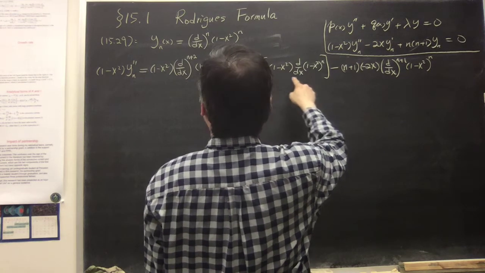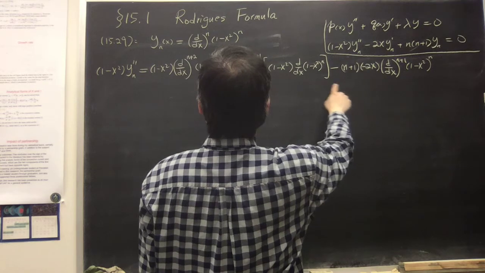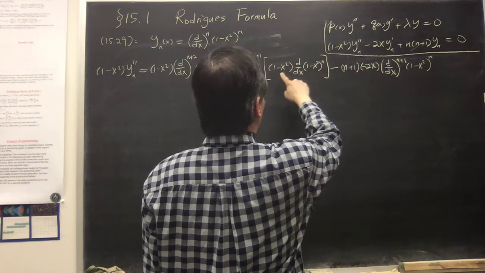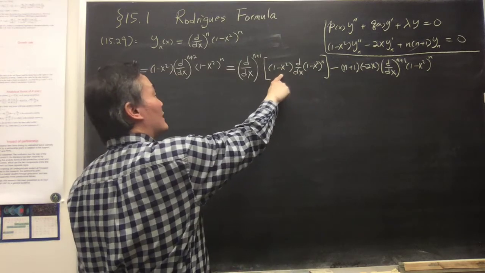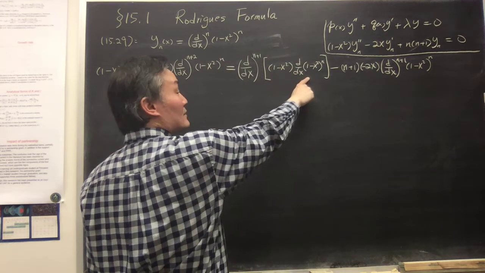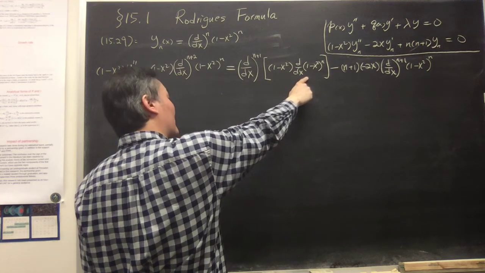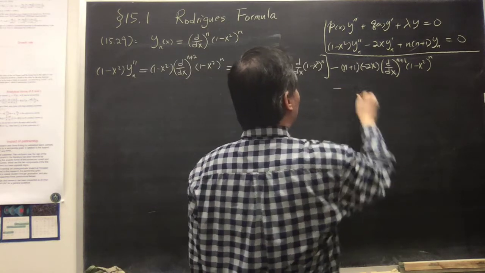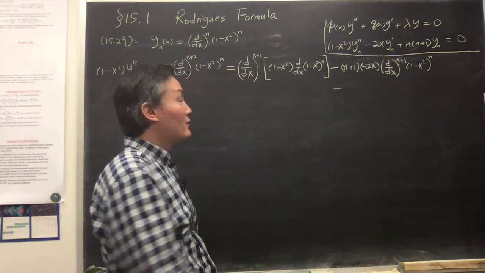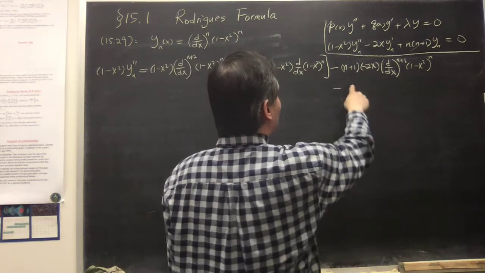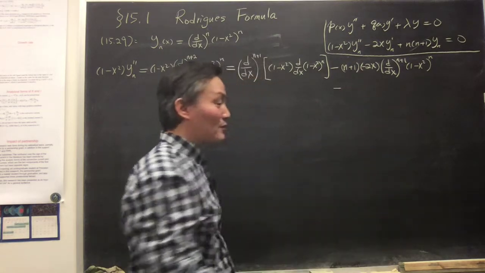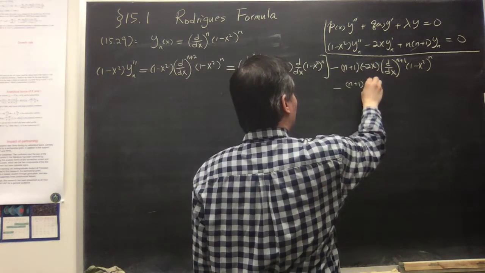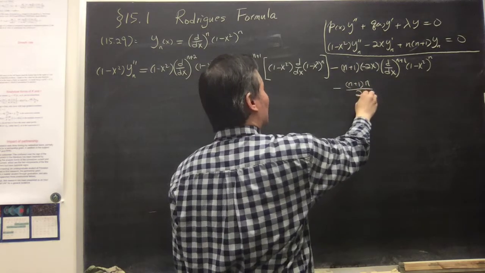And then the next one would be the second derivative of this one times the n-1 derivative of the other one, multiplied by the coefficient, of course, so you subtract another one. The coefficient for that term is n+1 times n divided by 2 factorial, which is just 2.